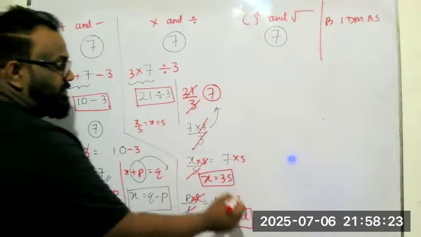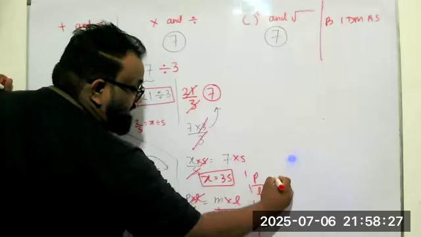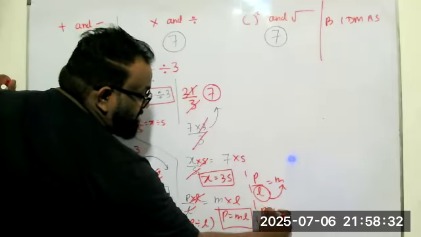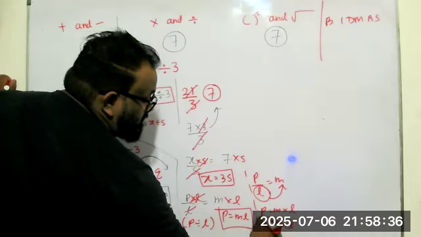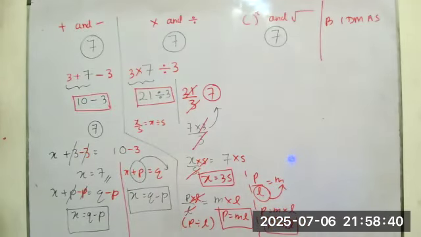But rather than doing that, what we can do is P over L equals M, divided L goes to the other side. What does it become? Multiplication. Yes or no? Yes. Are we clear? Yes, sir. Perfect.